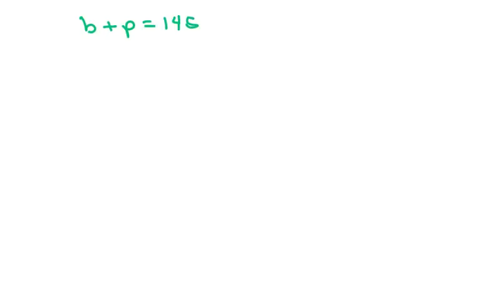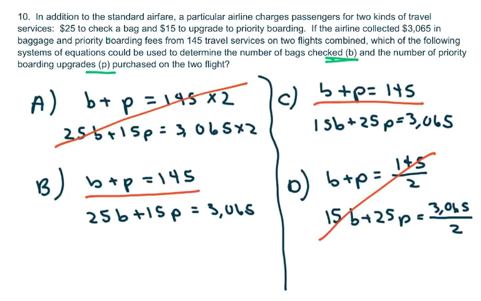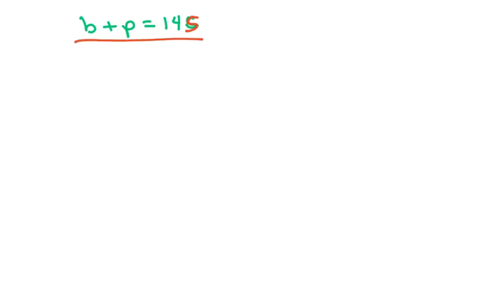That's just flat out stated in the word problem. So that eliminates A and D. So we can cross out A and D because these both have that. Now, the only difference is we have these 15 and 25 reversed here. So let's look at that.